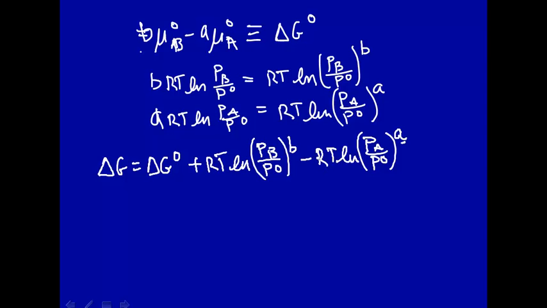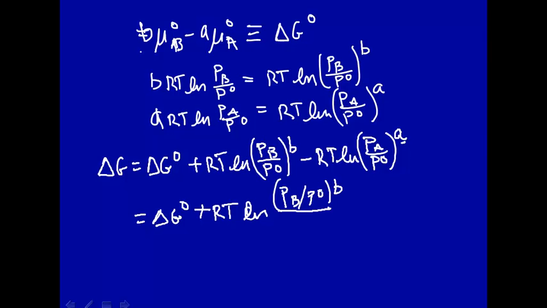And note that minus there: you just flip these around. So this can be written as delta G0 plus RT times the natural log of PB over P0 raised to the B power, over the pressure of A divided by the standard state pressure raised to the A power. Oh, look at that.